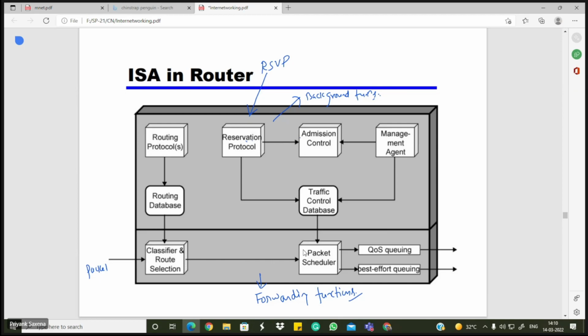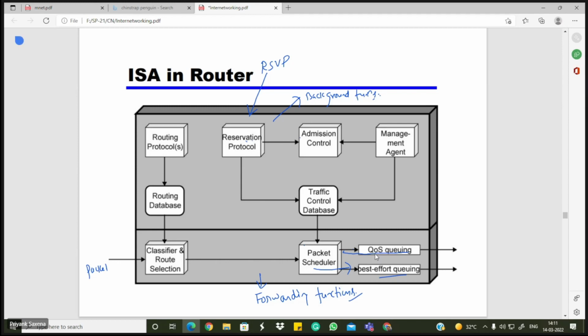Once it reaches over here, this is a packet scheduler which determines whether this packet belongs to a particular class requiring a different kind of service, so it gives quality of service queuing. If it finds this is a normal application, or the resources are not reserved for this, it provides best effort queuing.